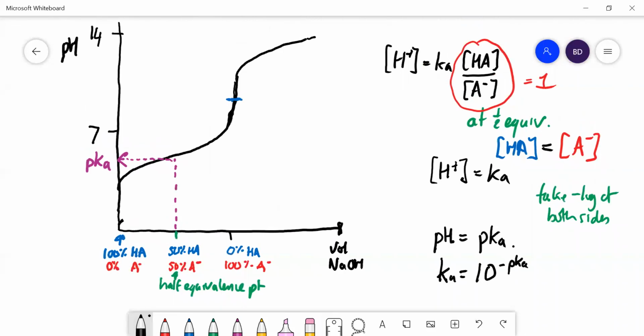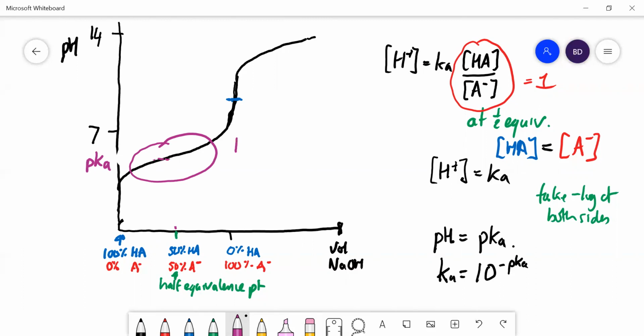Right, there's another important point on this curve. Let's have a little think about it. In this region of the graph, we've got fairly decent amounts of HA.